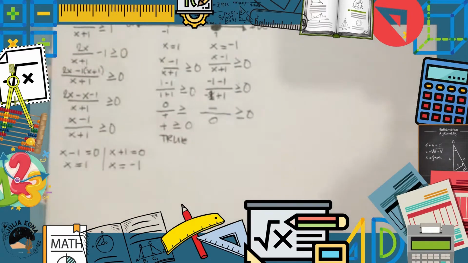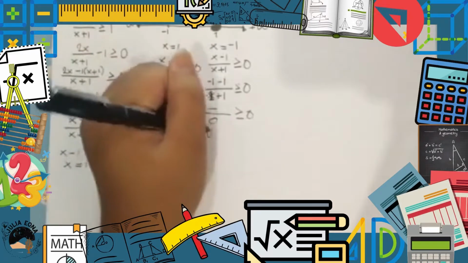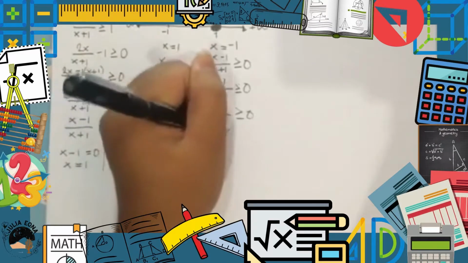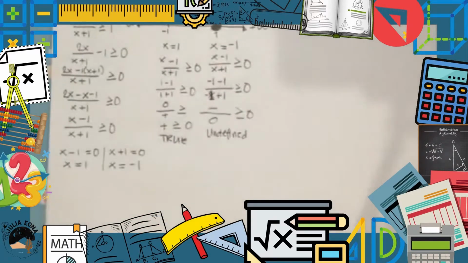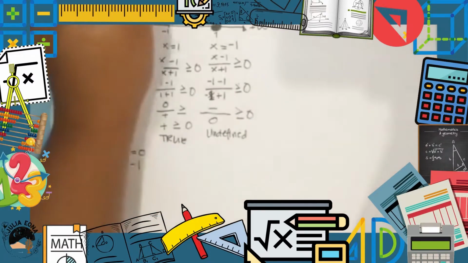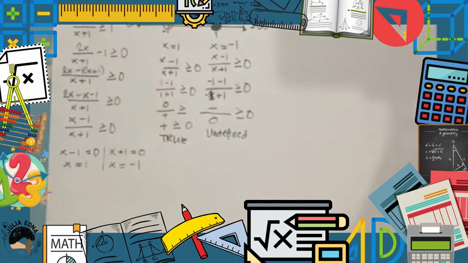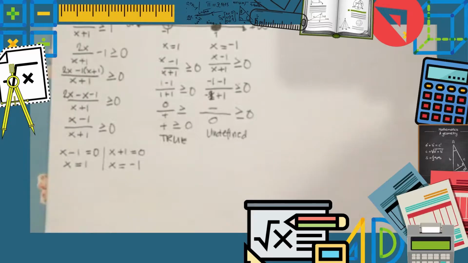So negative divided by 0 is undefined, and undefined is not greater than or equal to 0. So it is not true. So I'm going to encircle the -1, but won't shade it because -1 is not included in our solution.